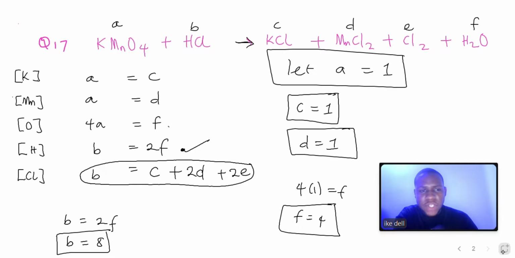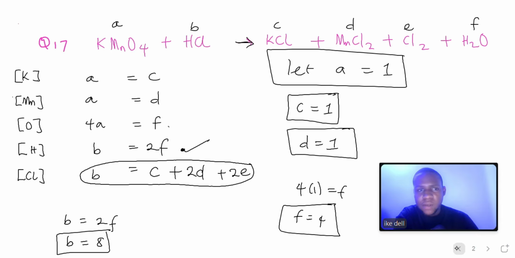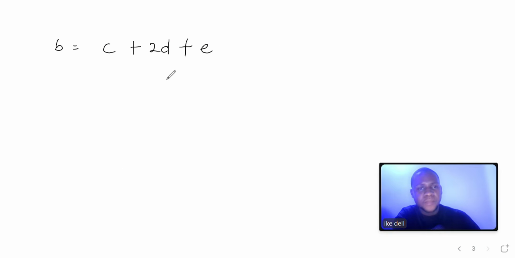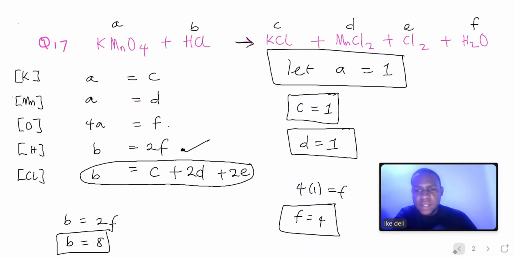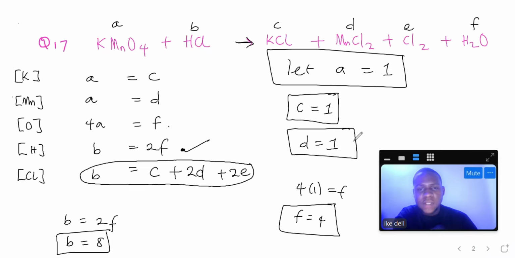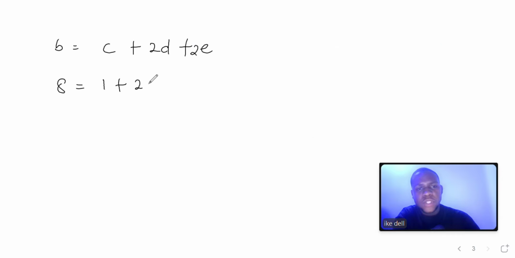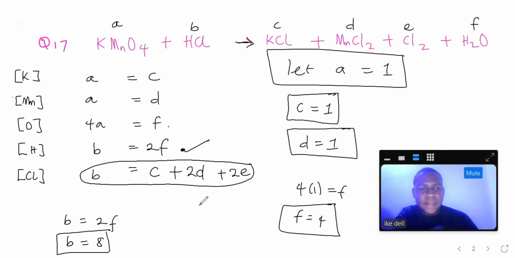I'll just go to the next page now and rewrite that equation. So that's B is equal to C plus 2D plus 2E. All right. Now we said our B is 8. So basically 8 will be equal to C. What's C? 1 plus 2 times D. What's D again?